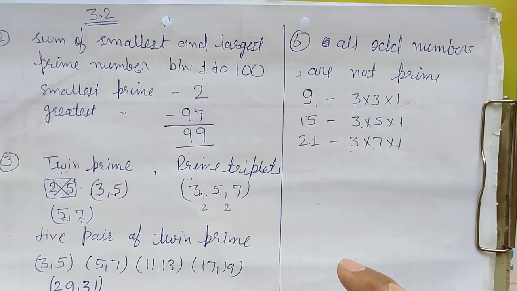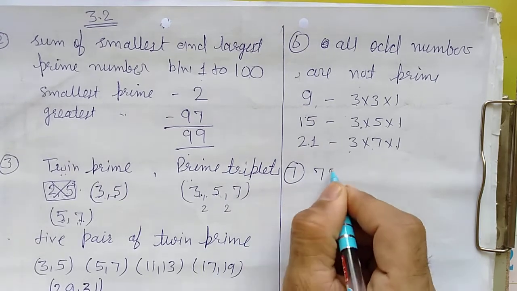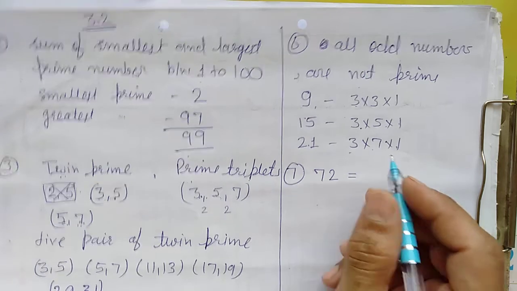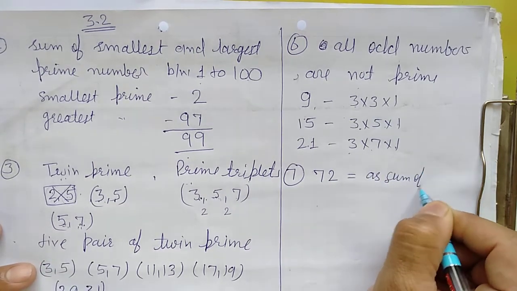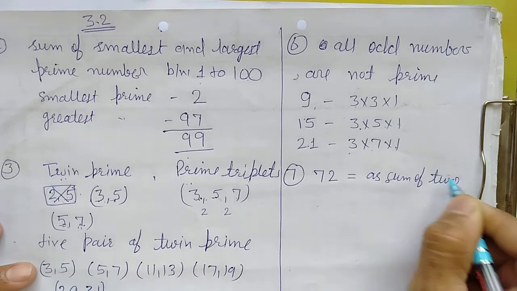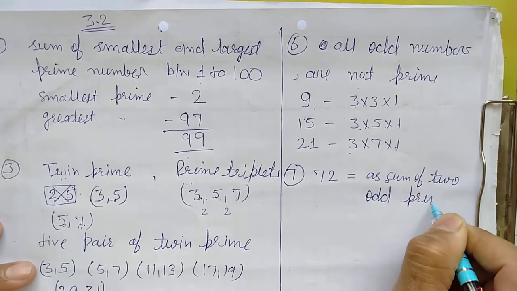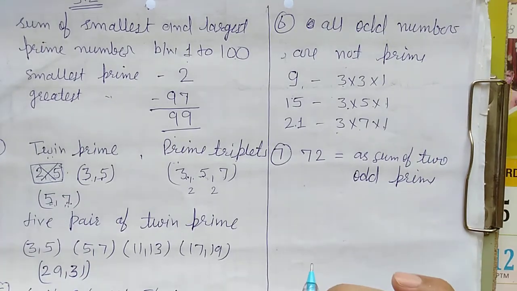Next question is the seventh one. Express 72 as sum of two odd prime, means odd should be there and prime also.